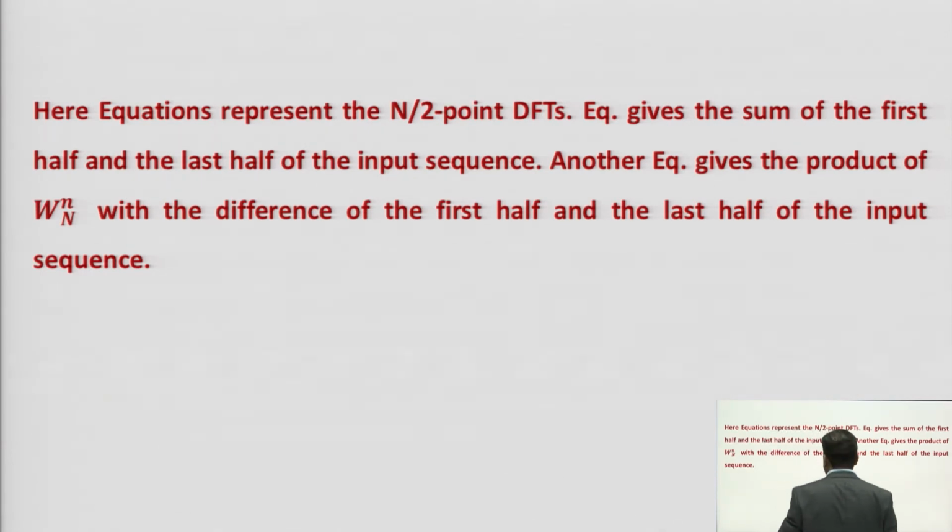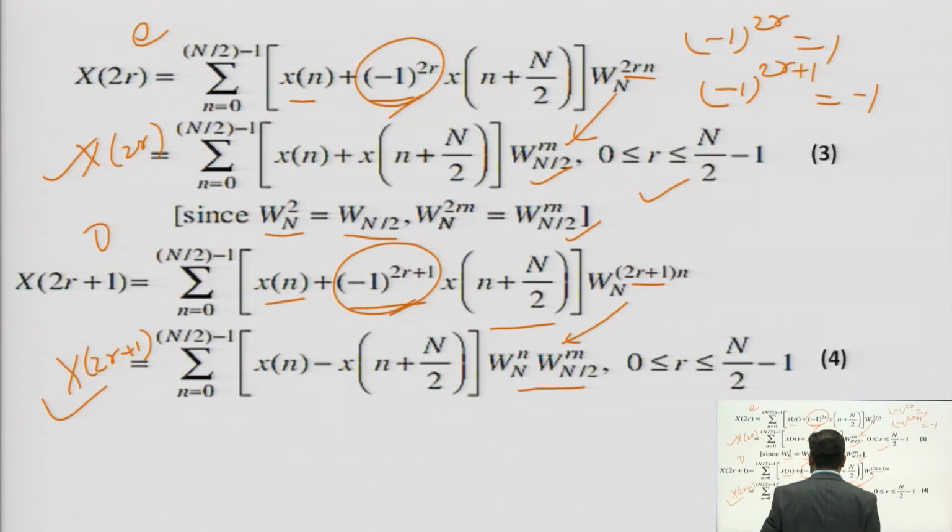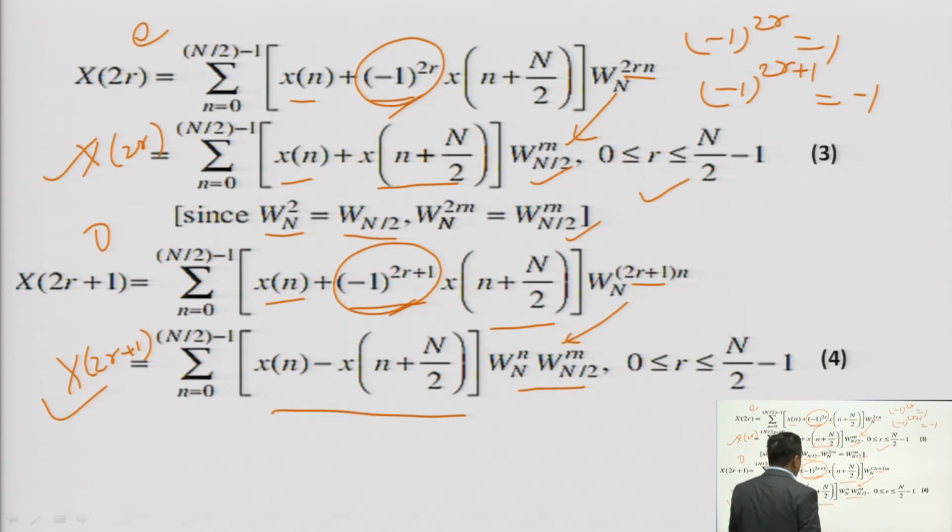Another equation gives the product of W_N to the power n with the difference of the first half and last half of the input sequences. You can see here first half and last half sum you are getting. In the second part you are getting the difference between these sequences with the W_N.